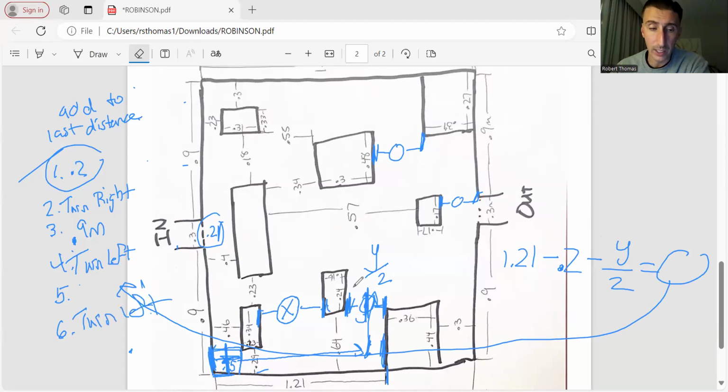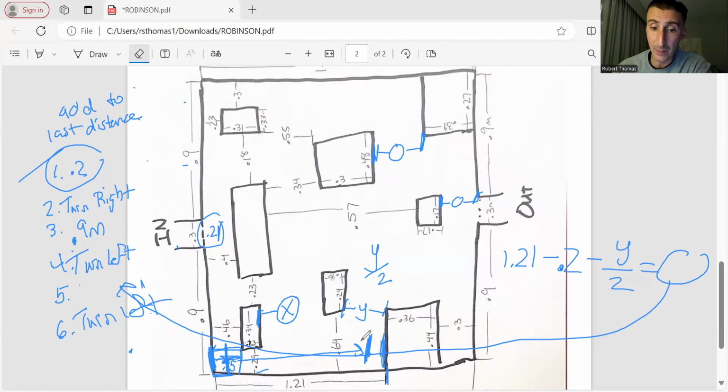The y, okay, let me erase this and make this clear, okay? Because we don't know that distance, we're calling it y, and I'm letting you measure it, right? Y, we don't know it. We want to stop halfway. That way we don't hit the box and we don't hit this. So we're going to take the distance, we're going to aim for the middle of it.